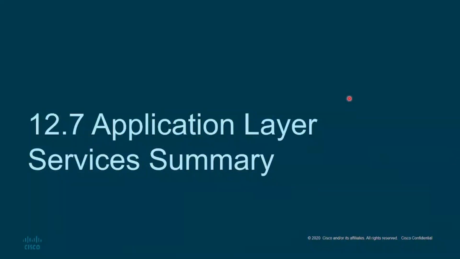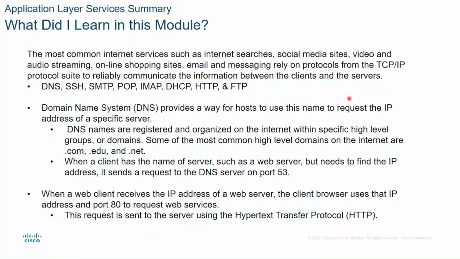This is the application layer summary. You understood the different types of TCP/IP protocols that enable communication between clients and servers, and also the Domain Name System, how it is used to convert IP addresses of servers into domain names that are easily memorable by users.